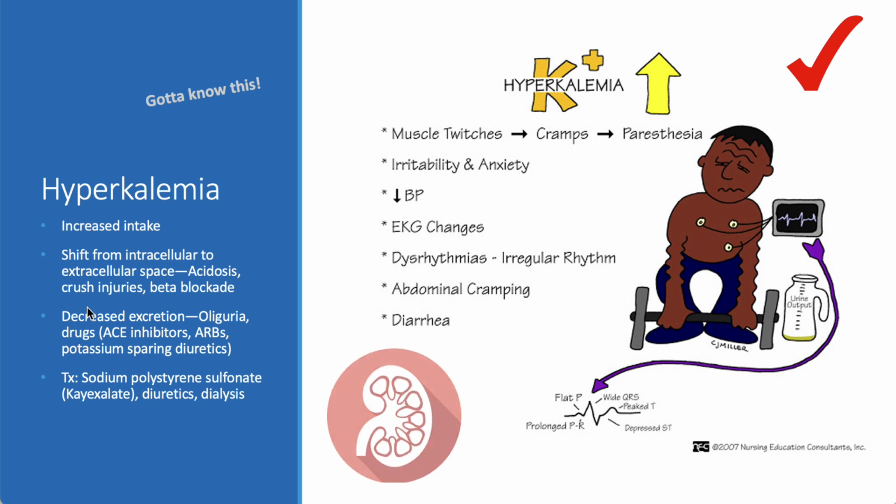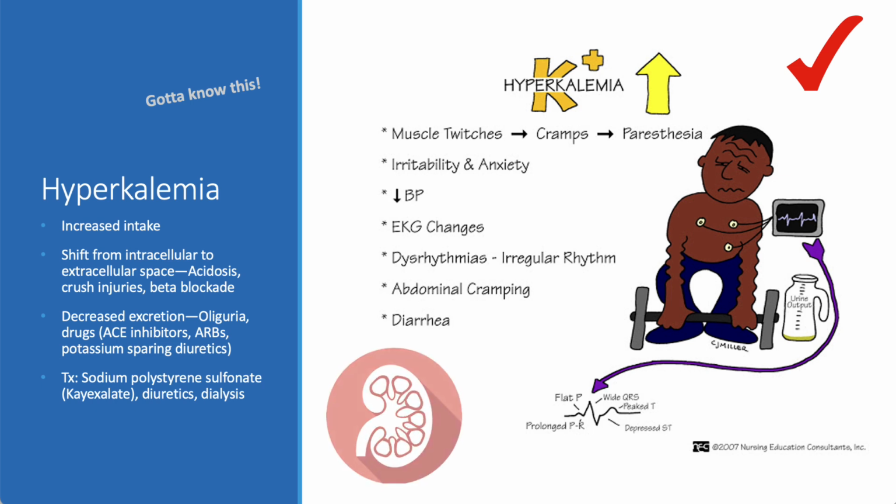So how do we treat it? Well, if we need to do it this instant, then we give them some medicines that will, well, I think I have another slide to talk about that. How do we get hyperkalemia? Well, if you're acidotic, you get hyperkalemic. If you have a crush injury where all the cells get crushed, why would that make you hyperkalemic?